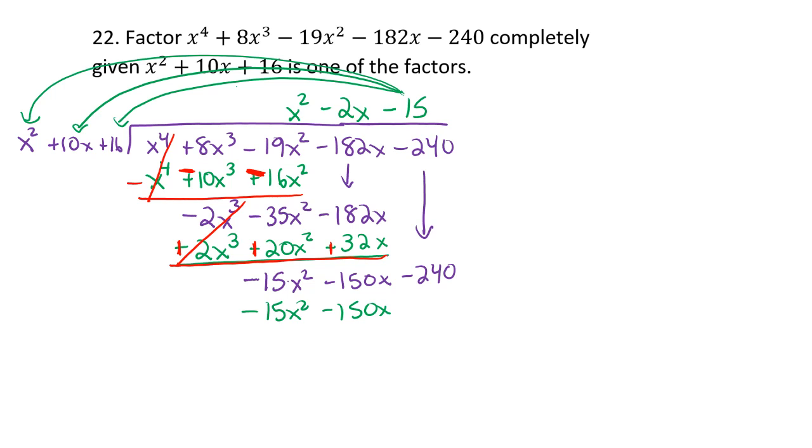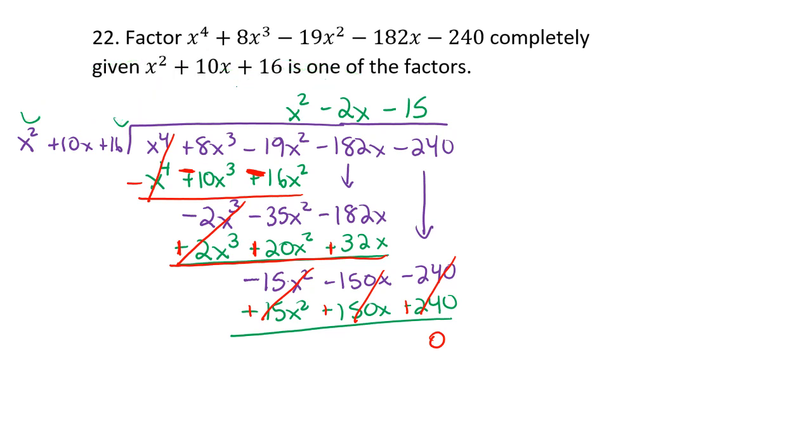And negative 15 times 16 is negative 240. Plus, plus, plus. Switching all of our signs. The first two cancel, these cancel, these cancel. So we have a remainder of 0. So now we have x squared minus 2x minus 15.